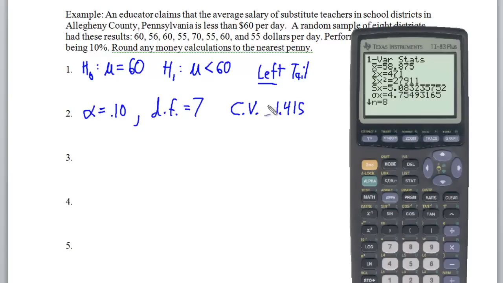Now, since this is a left tail, you also have to choose your critical value of being a negative 1.415. So if we're going to prove that this school district is being kind of cheap, we're going to want our test value to be less than negative 1.415. So here comes the test. We found our average was $55.88. So far so good, because we see the average is less than 60.